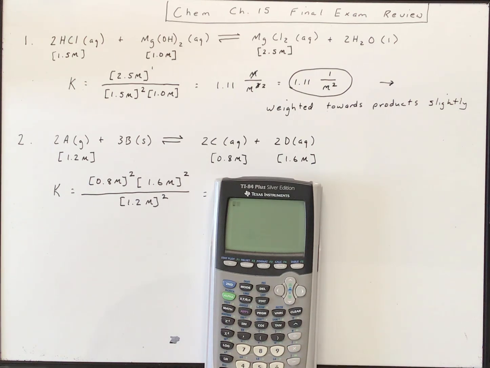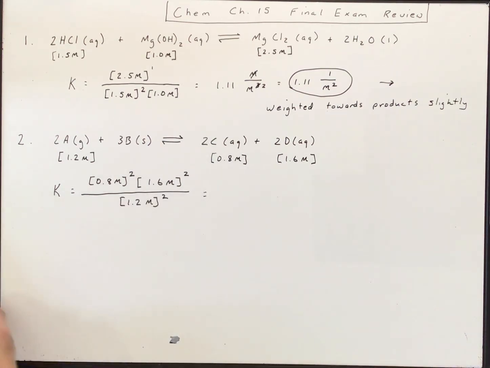All right, so we've got 0.8 squared times 1.6 squared. I like to hit enter. Then we're going to divide that number by 1.2 squared. That's 1.14.